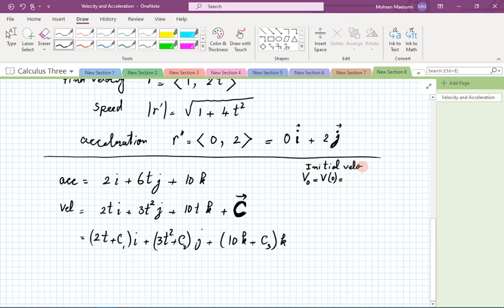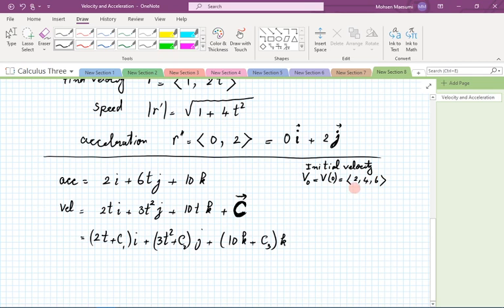For example, if you have a stone in our hand and we just drop it, then the initial velocity of that is 0. Anything that you just release and doesn't have any kind of momentum of its own, its initial velocity will be 0. Here, just for the sake of example, suppose the initial velocity of this object is 2, 4, and 6.